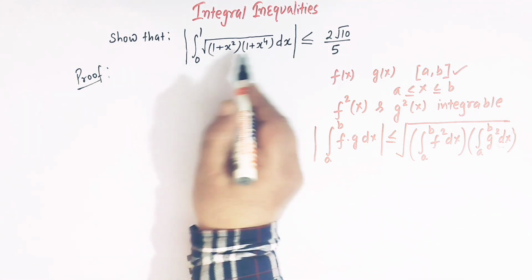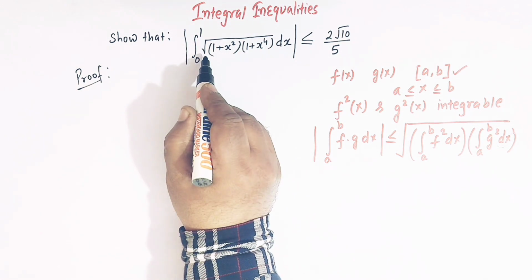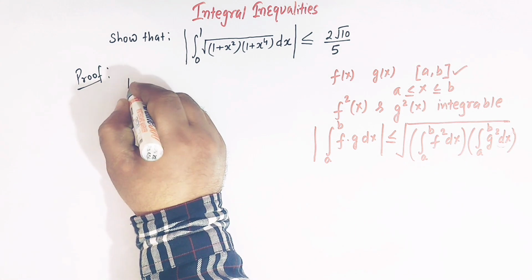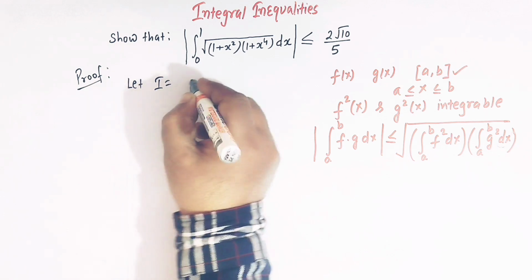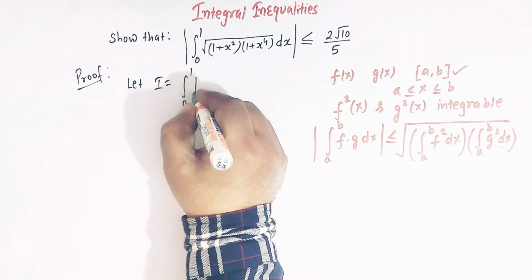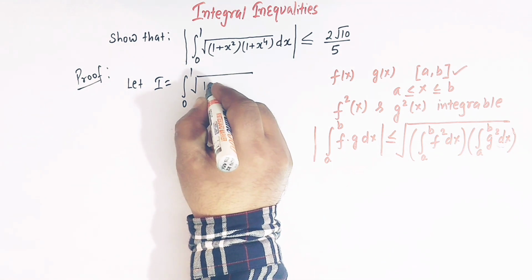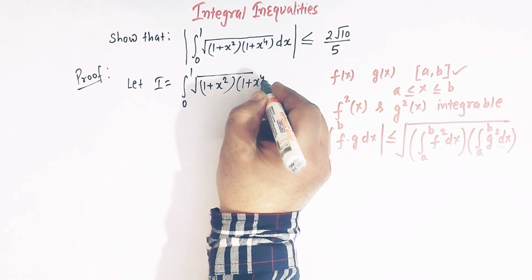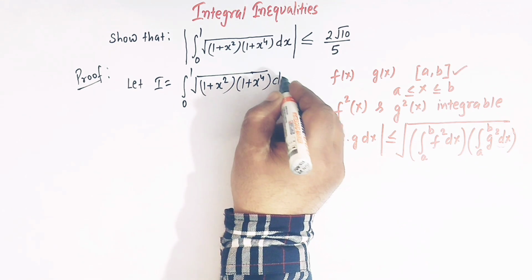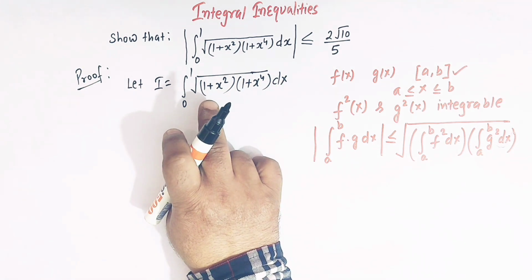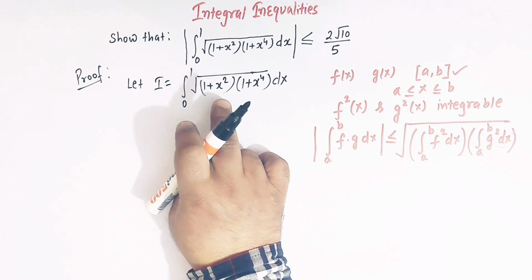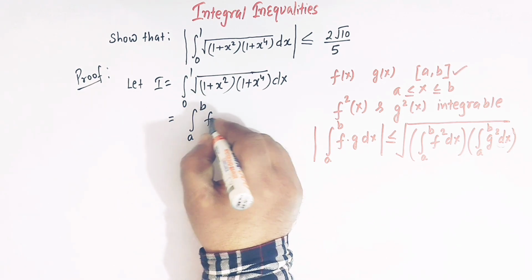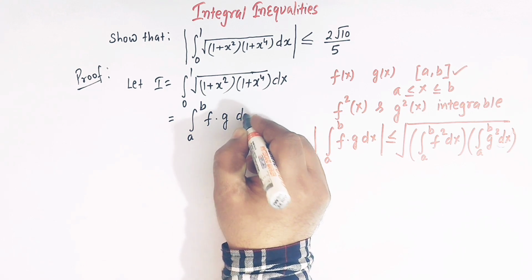So let us first take this integral, which is inside the mod function symbol, as I. So we can take I is equal to the integral from 0 to 1 of square root of 1 plus x square, and here we have 1 plus x raised to 4, and this is dx, right? Now let us express this integral like this, that is the integral from a to b of f times g dx.